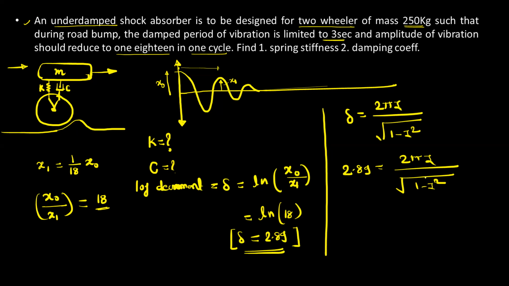Okay. So you can solve this directly in the equation mode of your calculator, or you can expand this. So you can square both the sides, so you can cancel out this square root. Okay, so use any one method and find out the zeta value. So here zeta value is 0.4178.